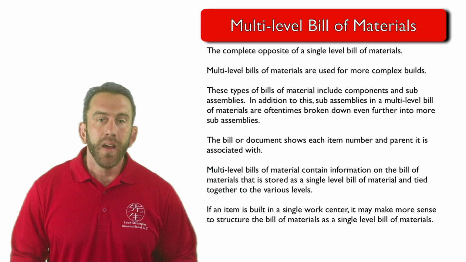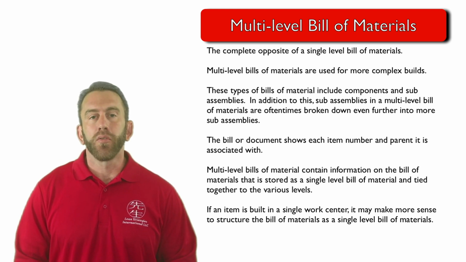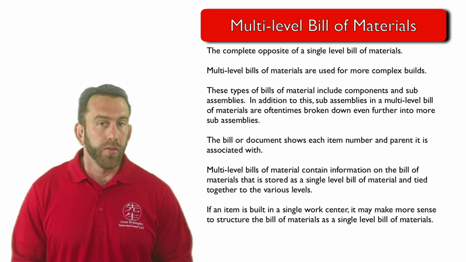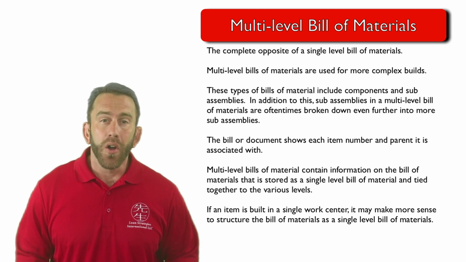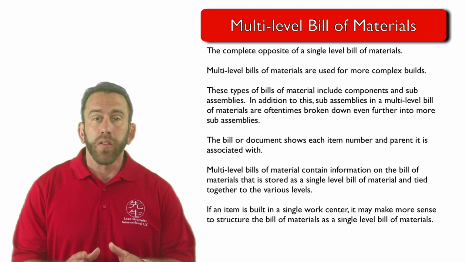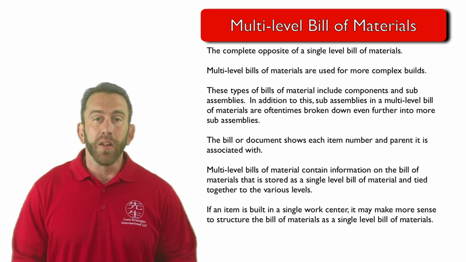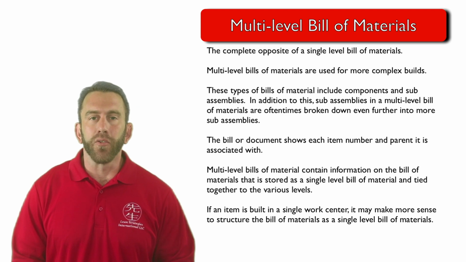Keep in mind that if an item is built in a single work center, it may make more sense to structure the bill of materials as a single-level bill of materials. Now that you know what a multi-level bill of materials is, let's look closer at two common types of multi-level bills. See you in the next module.